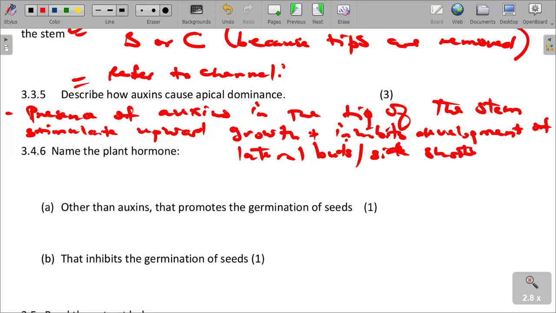So auxins basically allows upward growth, and then it inhibits also the development of lateral buds.